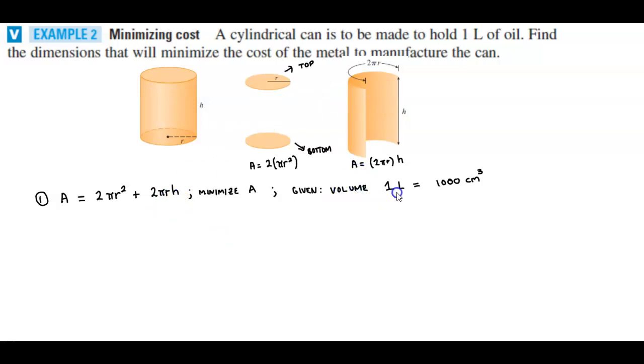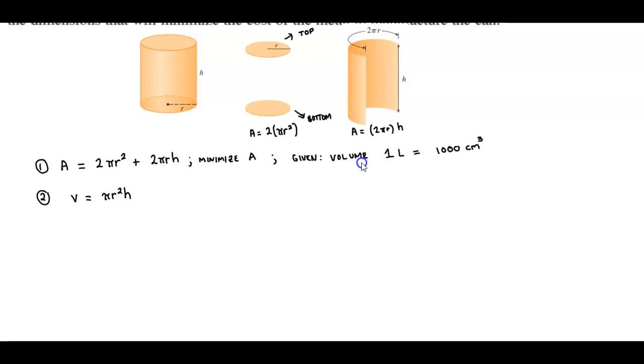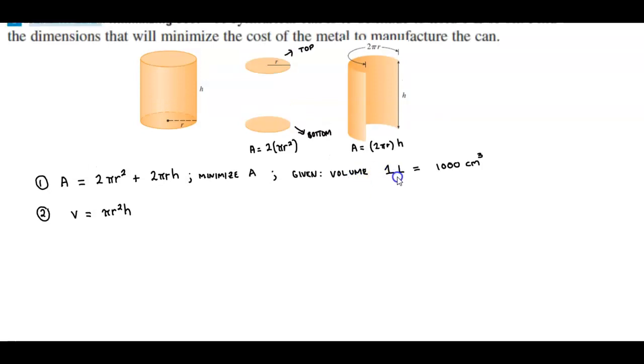Now the next thing we want to figure out is what is the height according to the volume? Well, we're given the volume, and what is the volume of a cylinder? That's the next information that we need. We know that the volume of a cylinder is equal to pi r squared h. And what do we know about the volume given in the problem? We know it's 1 liter, or it is 1,000 cubic centimeters.